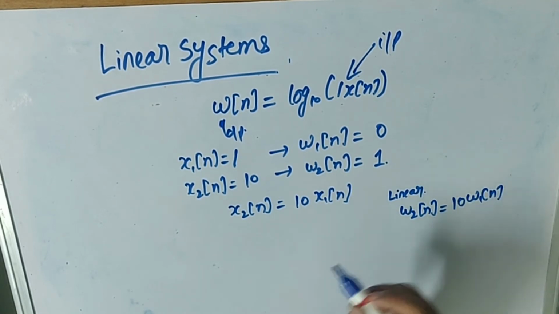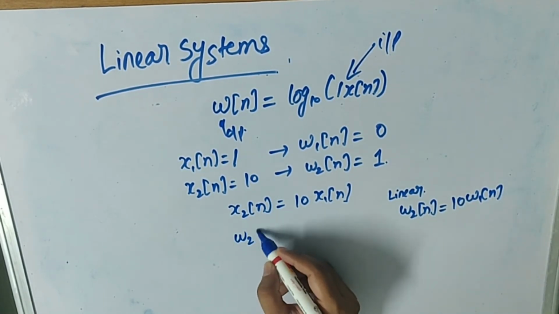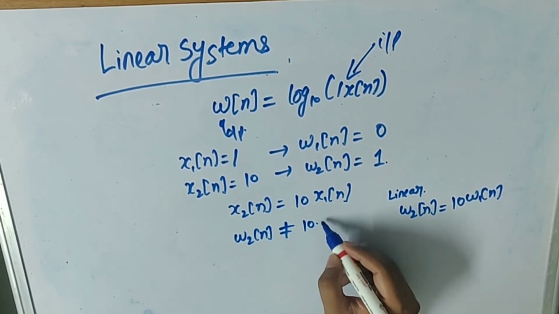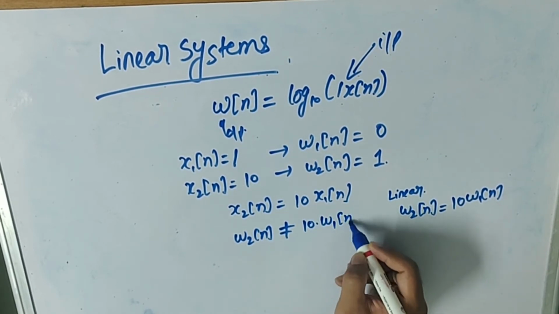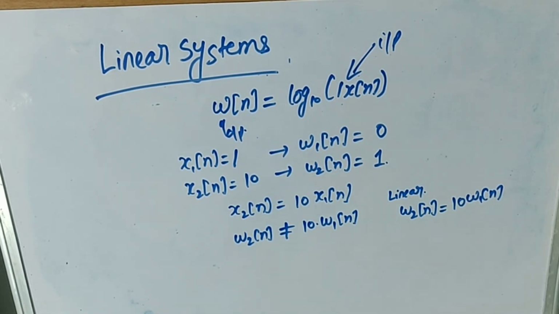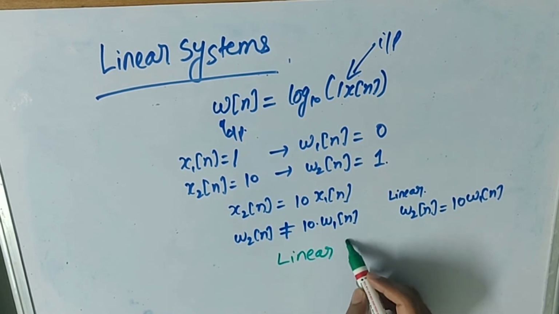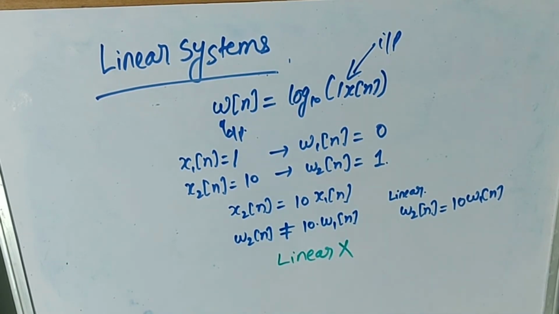Is it so? No. w2[n] is not equal to 10 times w1[n]. So this system is non-linear.